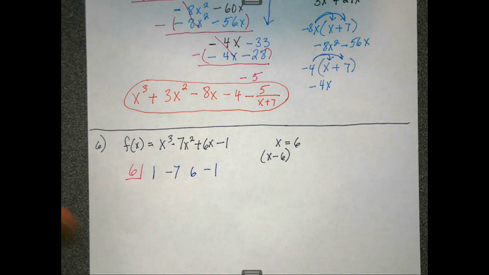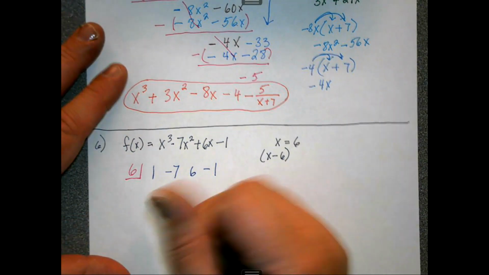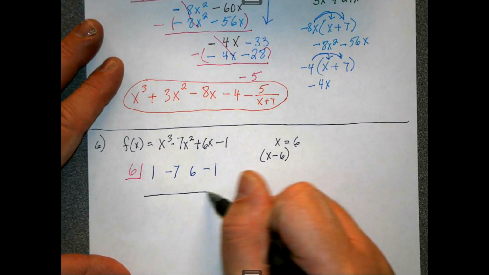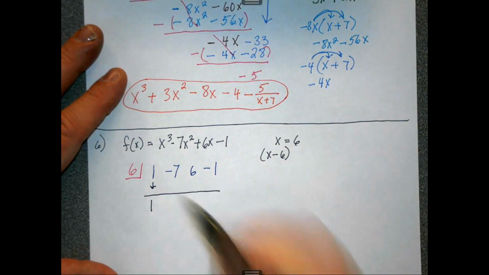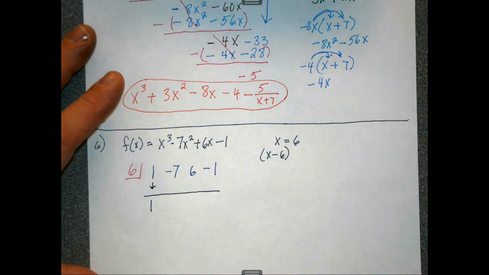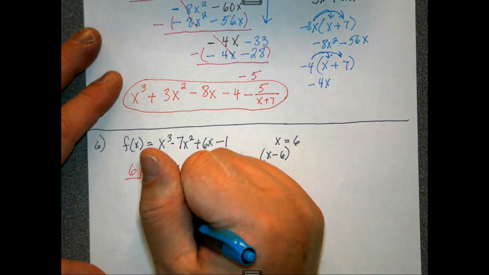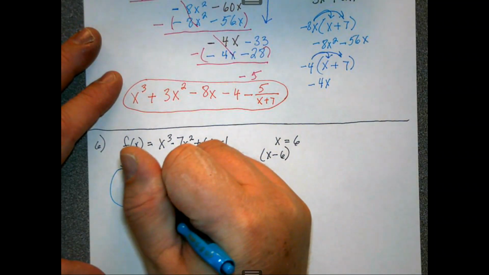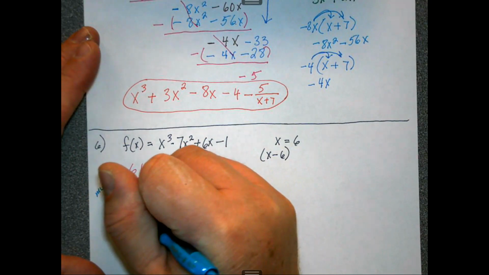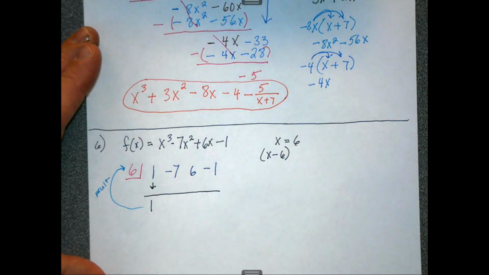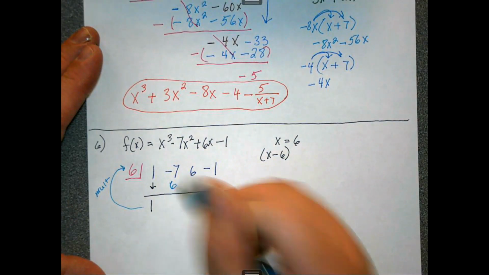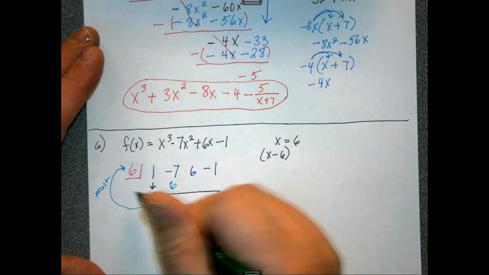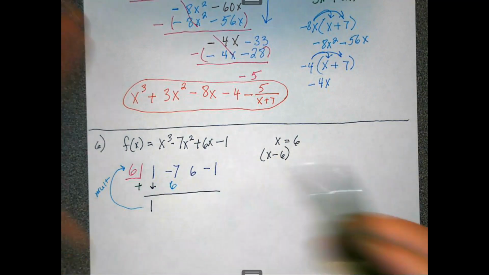All right, let's see. Need to bring down the 1. Then I'm going to multiply it by the 6 to get 6. Then I'm going to add. Wait, I thought the 6 would be negative.